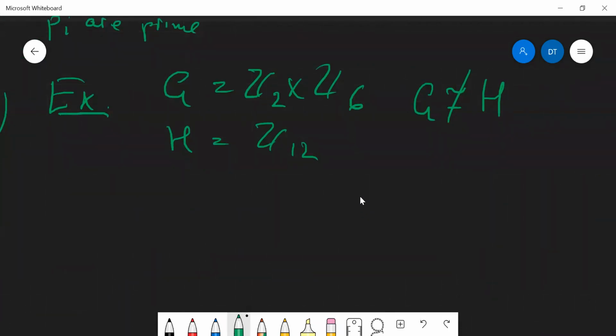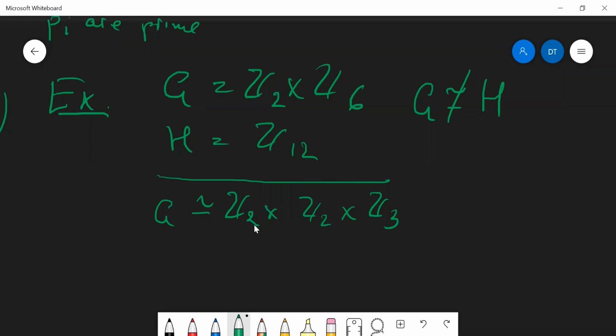Or you may use the Chinese remainder theorem, and then the group G is isomorphic to Z2 times Z6, and Z6 is isomorphic to Z2 times Z3. So now you present the group G as a direct product of cyclic groups, and the order of each cyclic group is a power of a prime number.